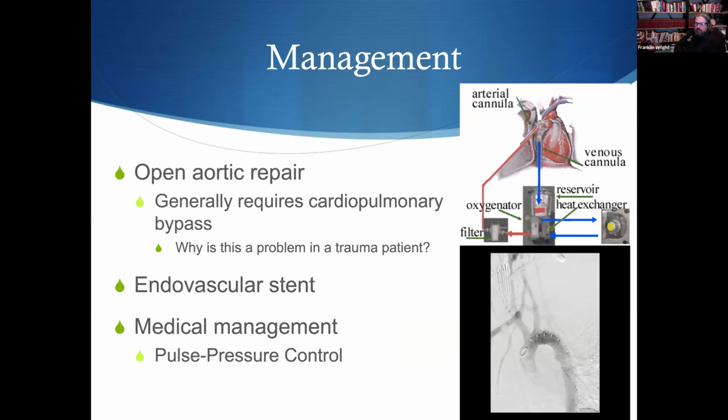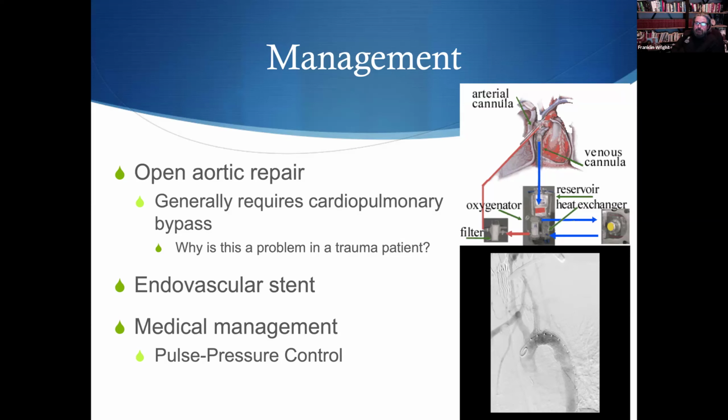All right, so management of these blunt aortic injuries. Conventionally, we used to treat all of these with an open aortic repair, and we put people on cardiopulmonary bypass, just like we do for an open heart surgery. The problem is going on cardiopulmonary bypass requires us to heparinize and thin the blood dramatically.